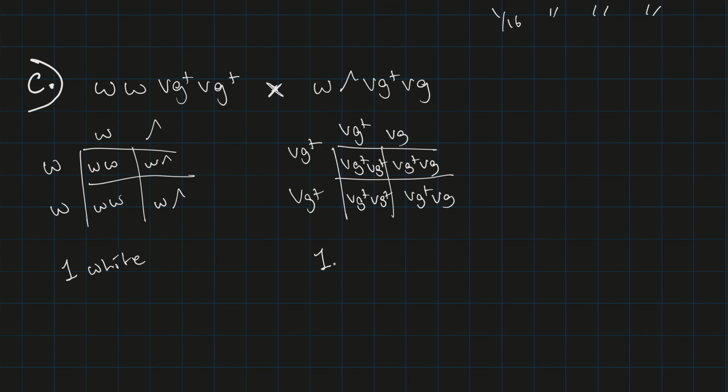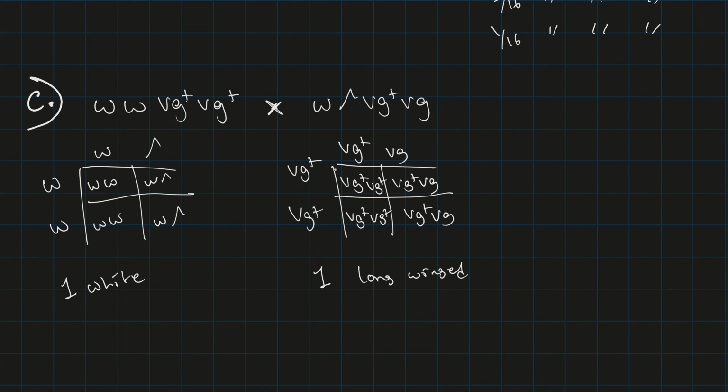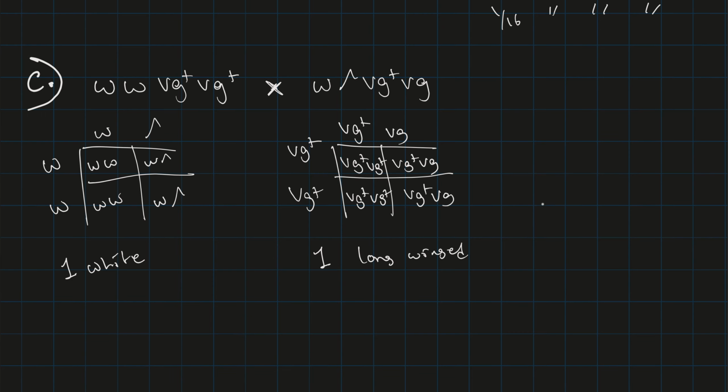And so we have 100% is going to be long-winged. And so for the cross between the parent and the F1 progeny, when we're doing the female parent and the male F1, we get 1/2 is going to be male, white, and long-winged, and the other half is going to be female, and then same thing, white and long-winged.